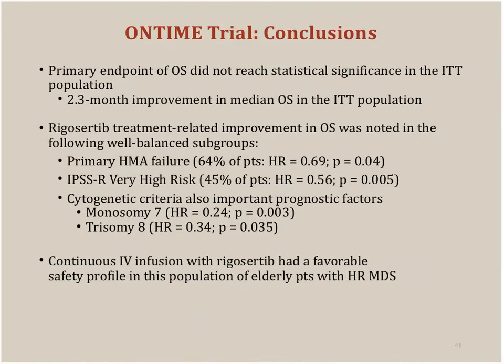So the conclusions from the ONTIME trial: the primary endpoint did not reach statistical significance. Rigosertib treatment-related improvement in overall survival was noted in the following well-balanced groups: those with primary HMA failure, IPSR very high-risk patients, and those patients with either monosomy 7 or trisomy 8 also had significant survival benefits in this subgroup analysis.